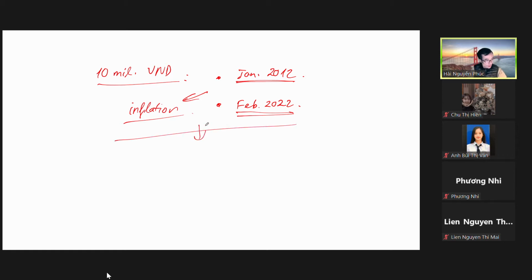So suppose you want to compare the value of 10 million in February 2022 with 10 million in January 2012. How will you compare? How would you make the comparison?